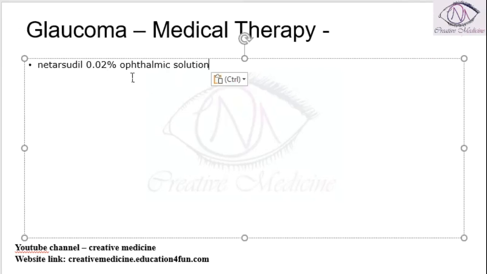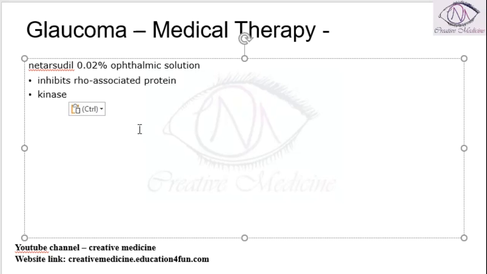We have netarsudil 0.05% ophthalmic solution. This netarsudil inhibits the Rho associated protein kinase. By inhibiting the Rho associated protein kinase, it will increase the drainage. That is one mechanism.